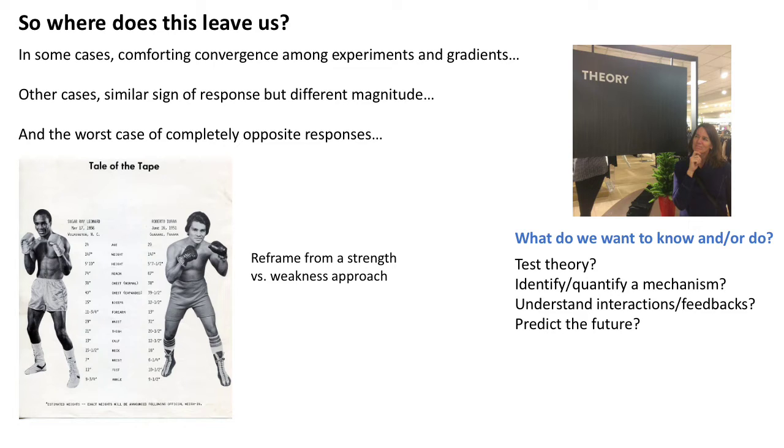Are we interested in testing a specific theory? Do we want to focus on an individual mechanism? Are we trying to understand interactions and feedbacks? Are we trying to truly just predict the future? Those are very different questions that might necessitate very different approaches to the kind of experiments or environmental gradients we take advantage of.